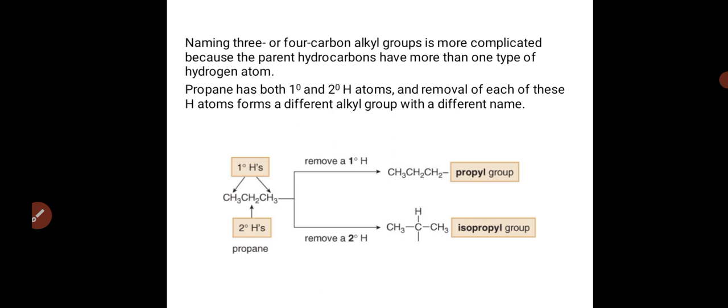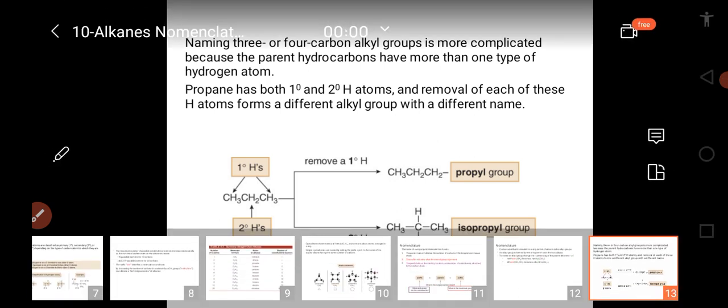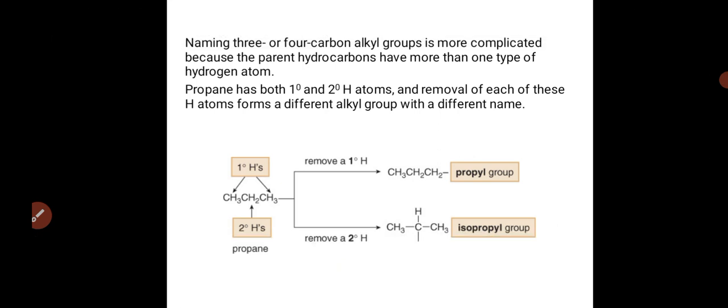Naming 3 or 4 carbon alkyl groups is more complicated because the parent hydrocarbons have more than one type of hydrogen atom. Propane has both primary and secondary hydrogen atoms, and removal of each of these hydrogen atoms forms a different alkyl group with a different name. If you remove the primary hydrogen, it becomes a propyl group.